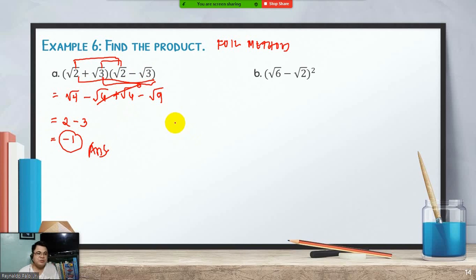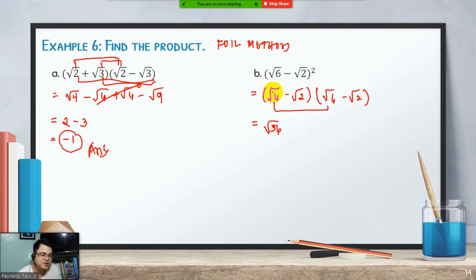Then, for letter B, we have square root of 6 minus square root of 2 squared. We can just make this 2 or expand them. We will be having square root of 6 minus square root of 2 times square root of 6 minus square root of 2. Apply the FOIL method. First term, square root of 6 times square root of 6 is square root of 36. Outer terms, square root of 6 times negative square root of 2 is negative square root of 12. Inner terms, negative square root of 2 times square root of 6, we have negative square root of 12.